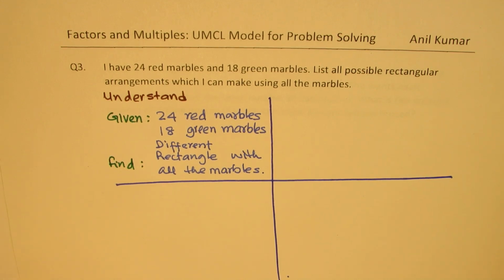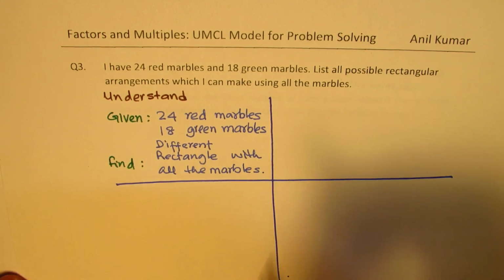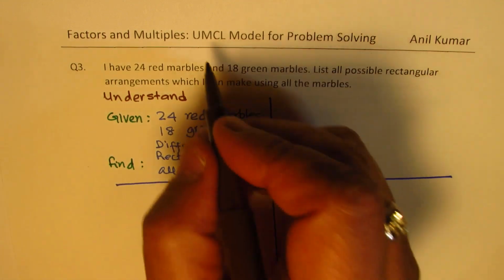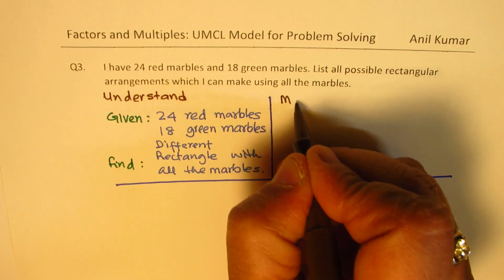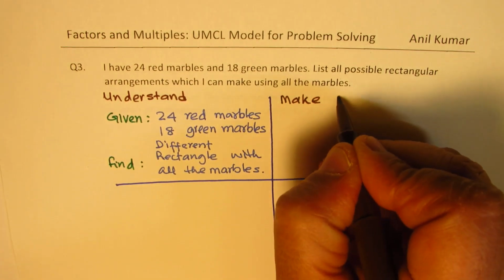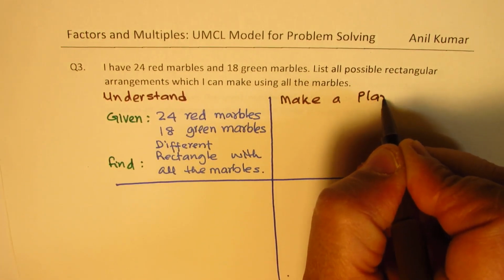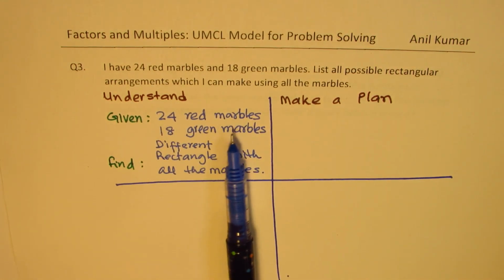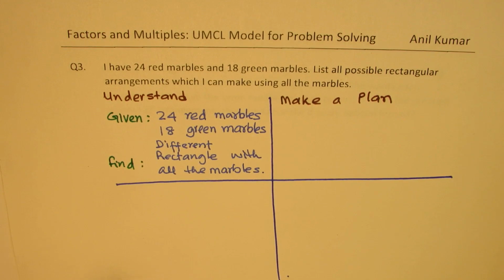Now for this, how do we make a model or make a plan or make a strategy? So M is to make some plan, right? So let's make a plan. In this case, the plan to make rectangles: rectangles have length and width, right?